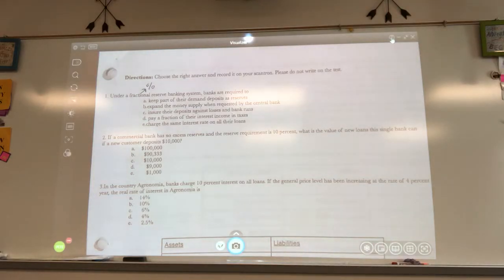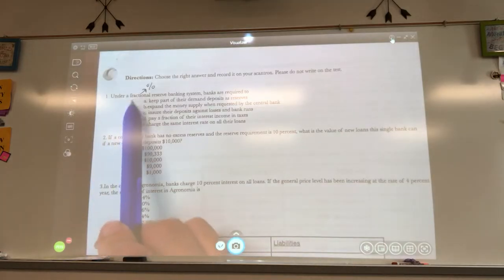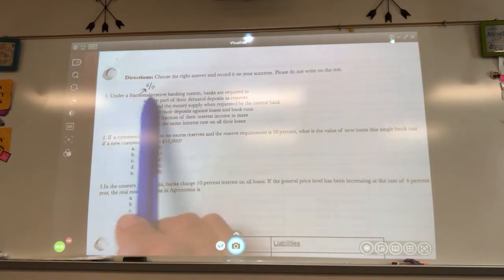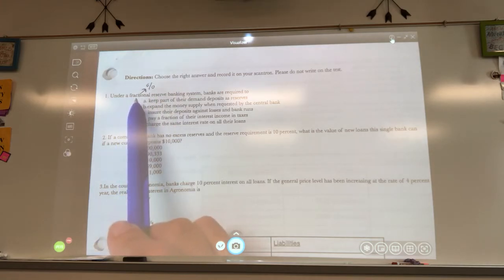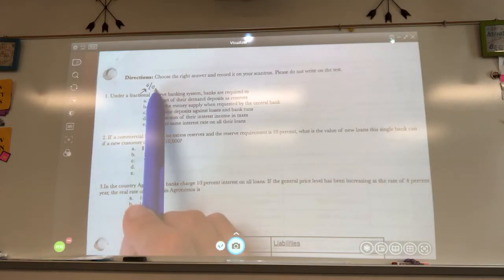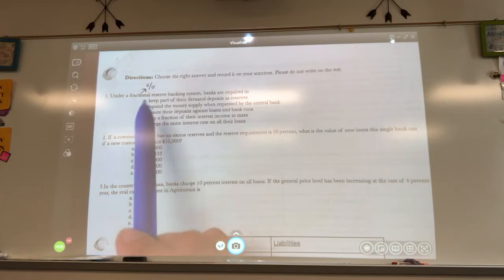Okay, so under the fractional, which means percentage, reserve system, so I'm talking about what? From what we learned, what do we know about fractional reserves? That gives me a percentage, what is this called? This deals with what? What does fractional reserves mean? We're trying to get through vocab here.